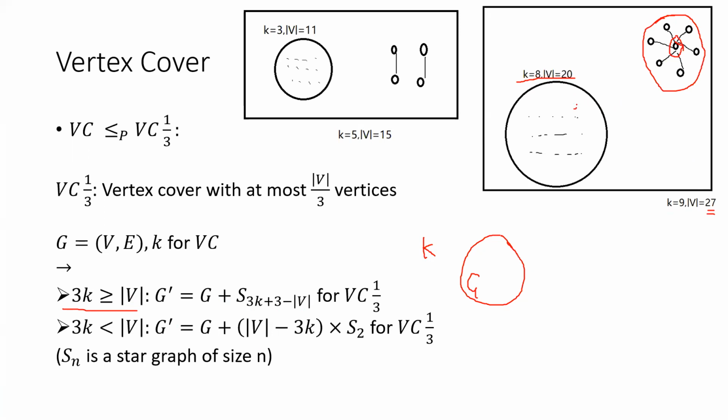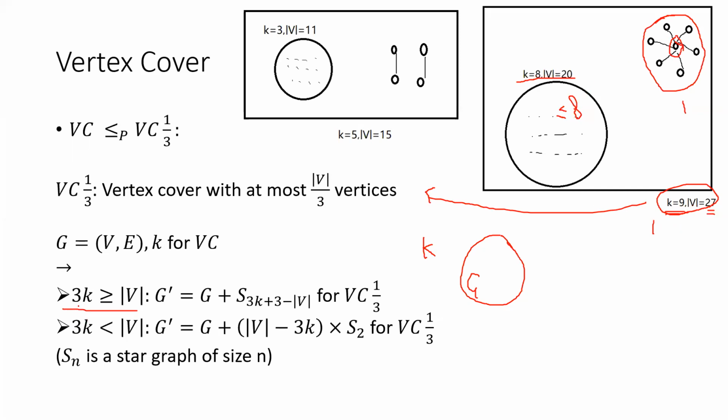So there can be at most 8 for this one if K is equal to 9, because we have 1 for here, and then this can have up to 8. And this number is exactly what we want, because K is exactly V/3. So we will construct the graph like this.